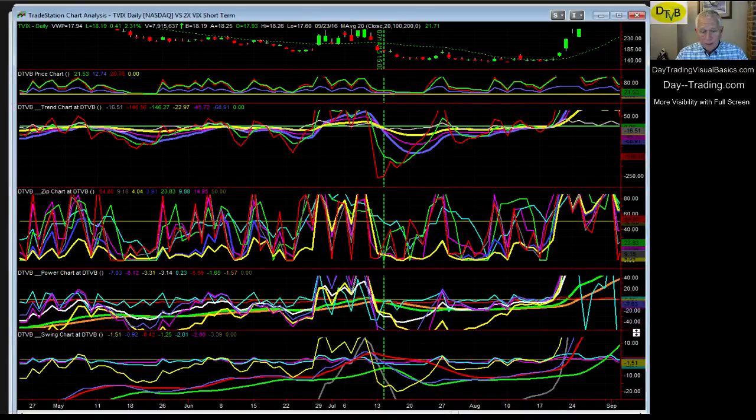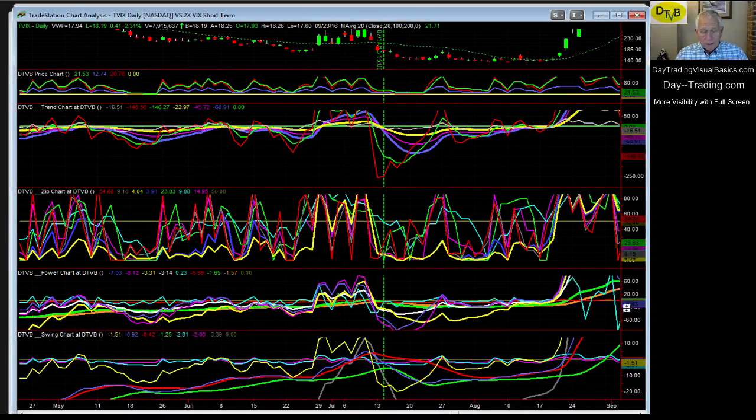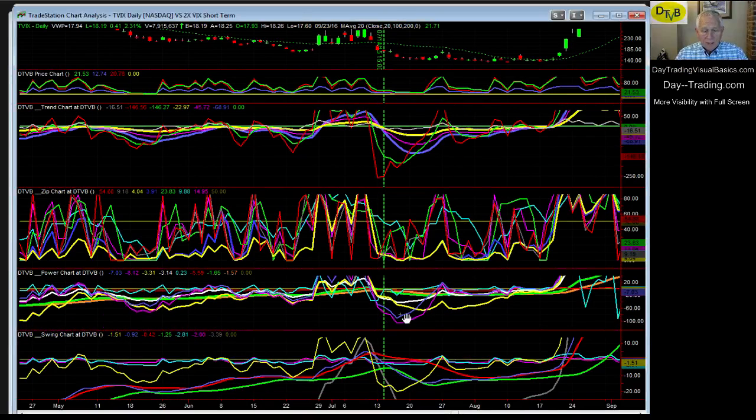And I'll point out one other thing here. The other deep cycle indicator is power pink and blue, and both of those are down. At this point, we can't tell if we're at the bottom or not, but we do recognize that we're in a deep cycle. And in this particular case, both the power pink and blue, the deep cycle, are down, and swing gray is down.